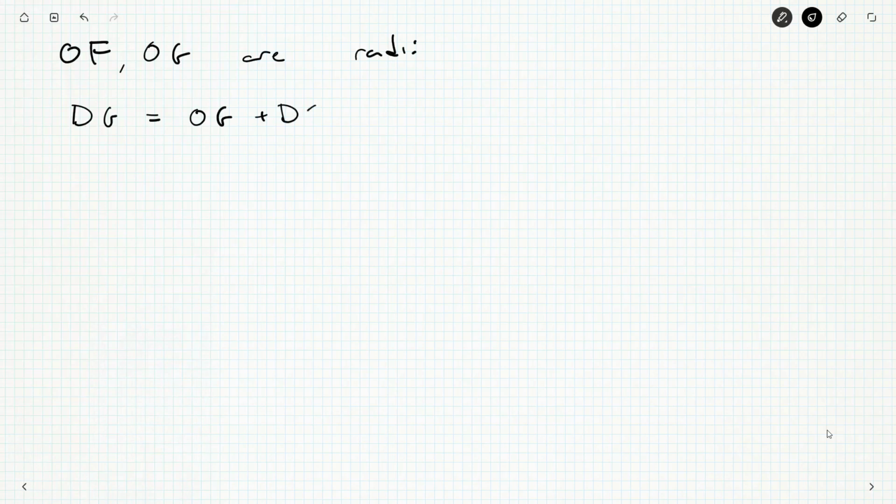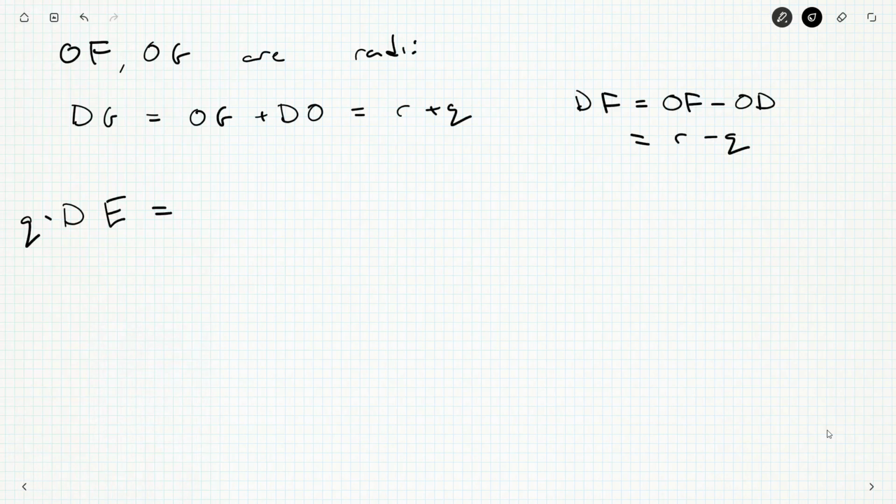Ah, there we go. OF, OG are radii. DG is OG plus DO, which is going to be R plus Q. DF is OF minus OD, so this is R minus Q.